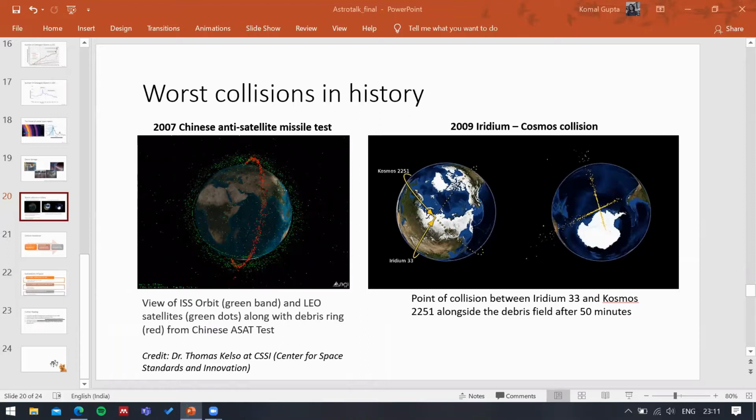Even these things can cause damage to your assets. So yes, they are metallic in nature, but there are also other substances. Everything that a satellite is built of, you can expect to find up there.